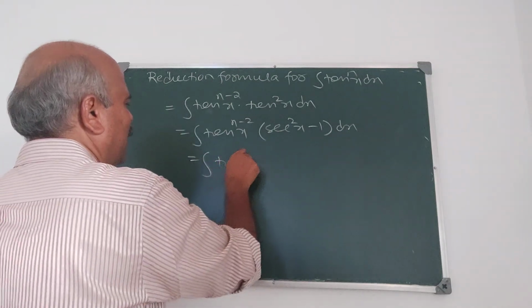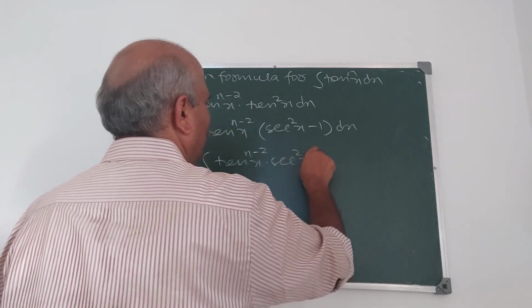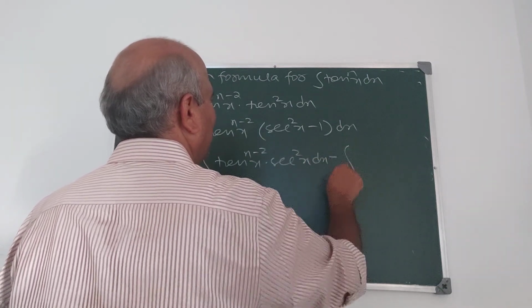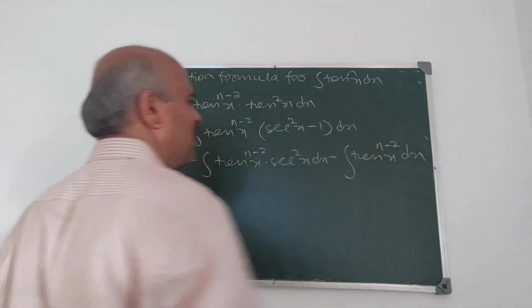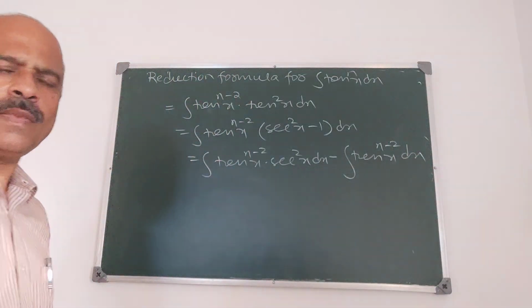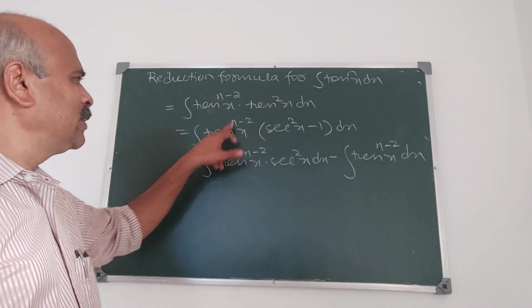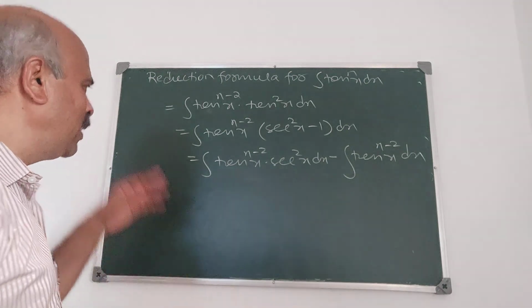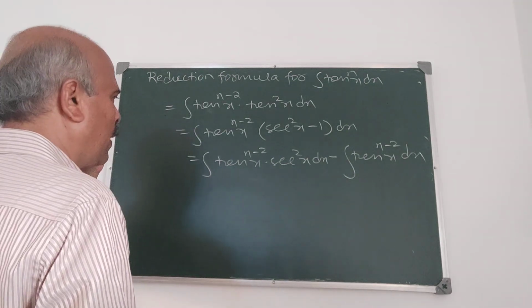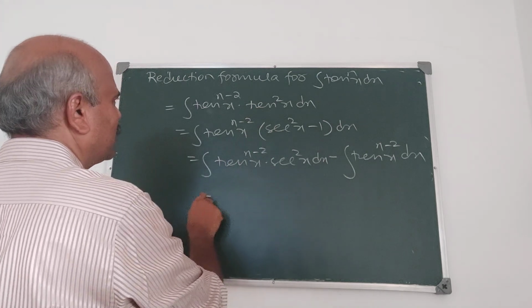It is therefore the integral of tan x raised to n minus 2 secant square x dx minus the integral of tan x raised to n minus 2 with respect to x.